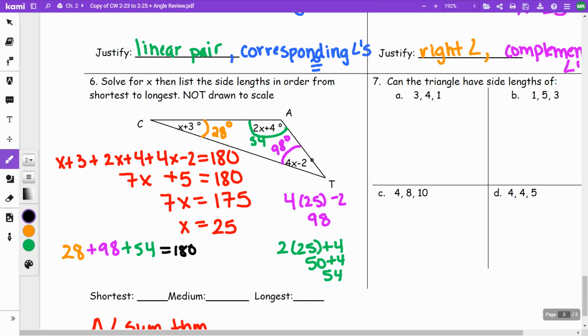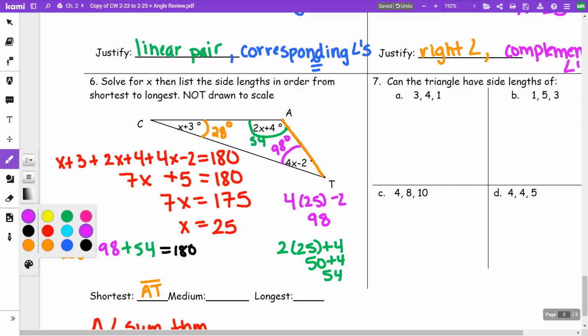Now, we want to know which side lengths are shortest to longest. So the shortest angle is 28 degrees. So this side here that I'm doing in orange, which is going to be line segment AT, is going to be the shortest side because it's across from the shortest angle.